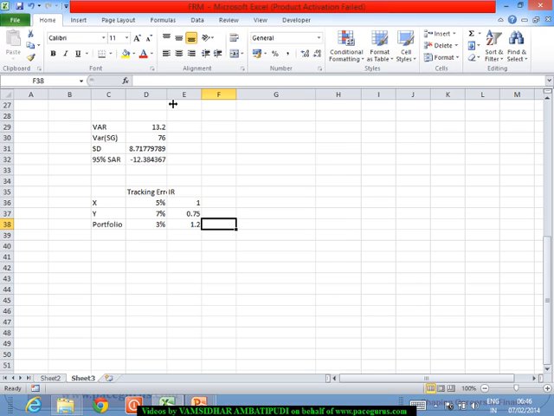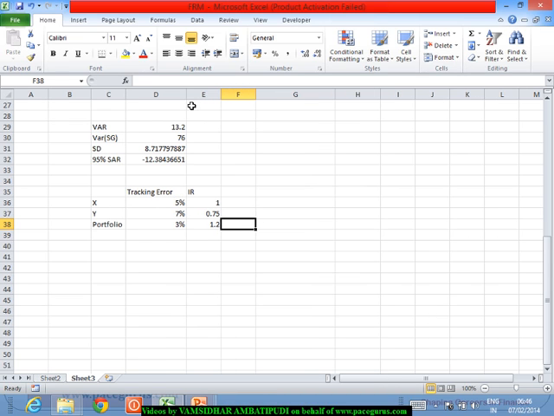Then based on this understanding, if I want to know how much weightage of my risk budget has to go to each of these portfolio managers, we are talking about X first.